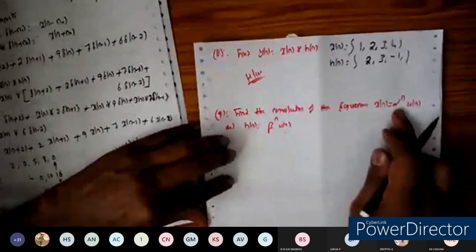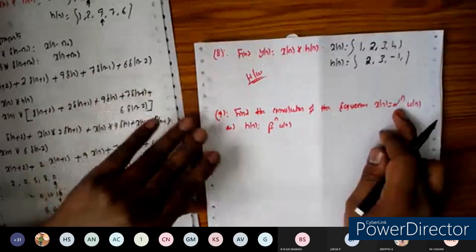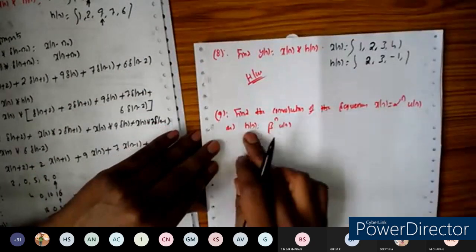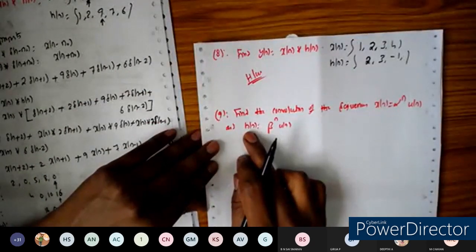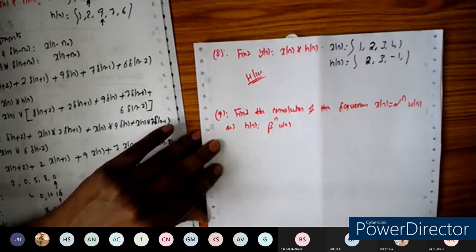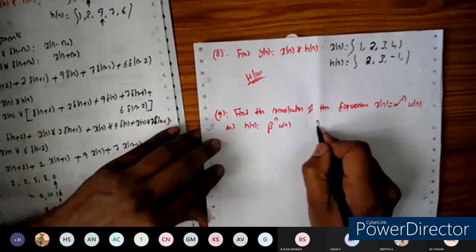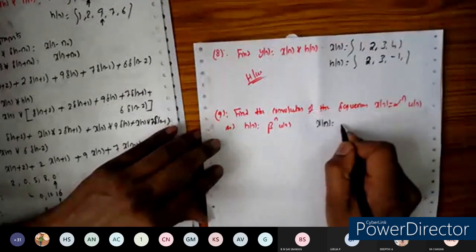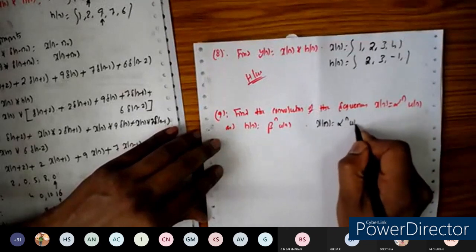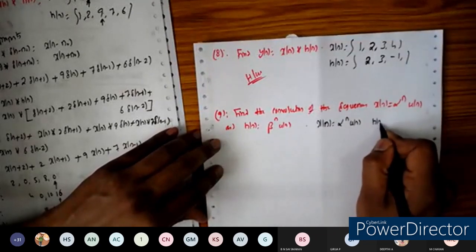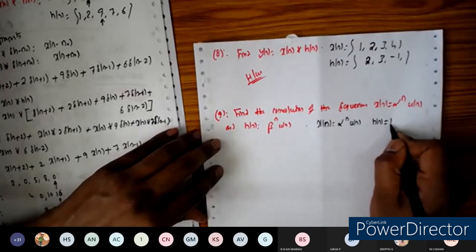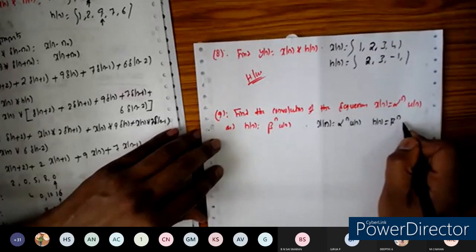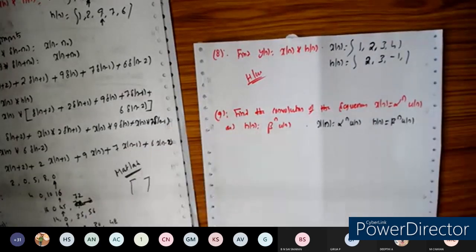So right, I'll rewrite the sequences. x of n is alpha to the power of n into u of n, and h of n is beta to the power of n into u of n.